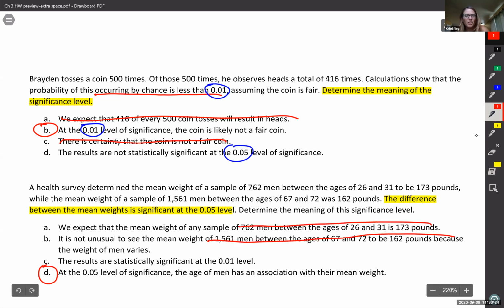We're talking about statistical significance. So we're not talking about what do we expect. Is it unusual? We're not going that far into our analysis. We're at like day 1 or day 2 of our analysis. So we're really trying to compare the 0.01 to the 0.05. And since it gave us the 0.05 in the problem, it's gonna be the answer of the 0.05.